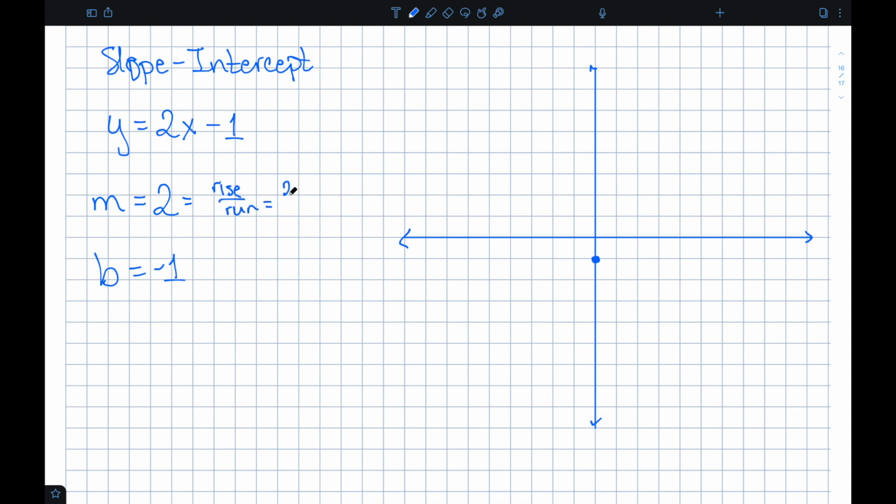So for every 2 rise, I should have 1 run. In other words, starting at this point, for every 2 I go up, I should go 1 over. And I can continue that at this point, go up 2 and over 1, and continue until I get the points on my line. And I can once again connect the dots.